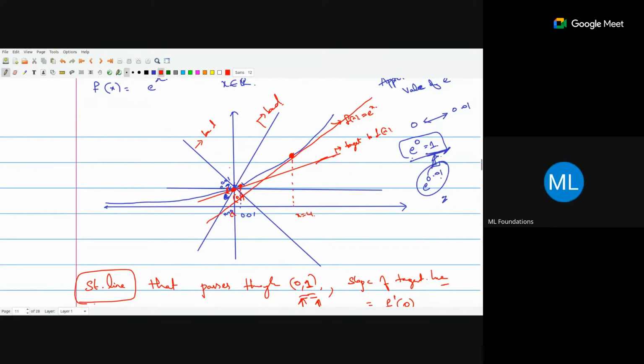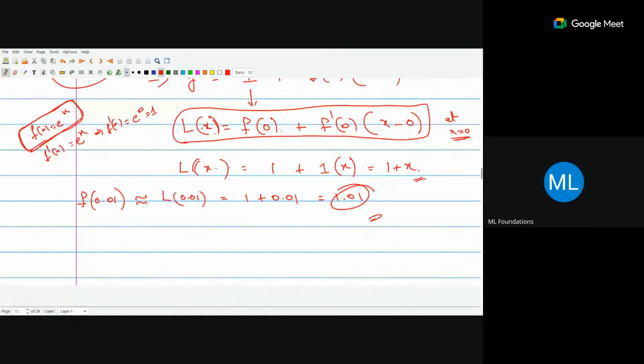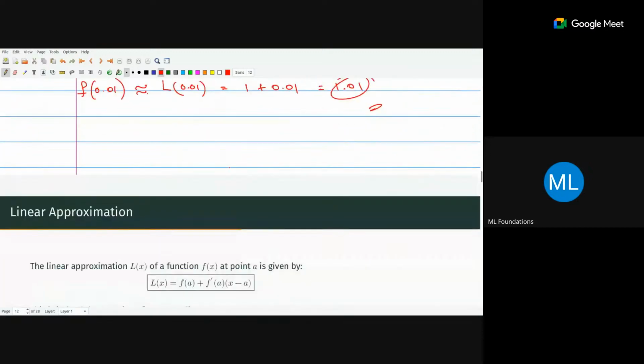So I should get a function value greater than 1, because at 0 it is 1 and the graph is moving upwards. The linear approximation will not go to the negative side; it will go closer and closer to the actual value.